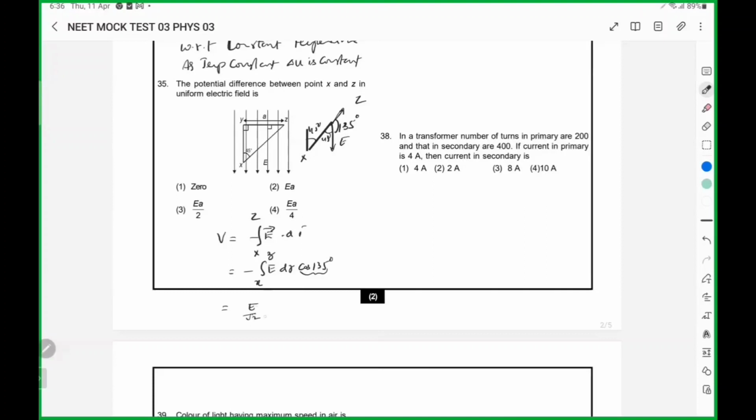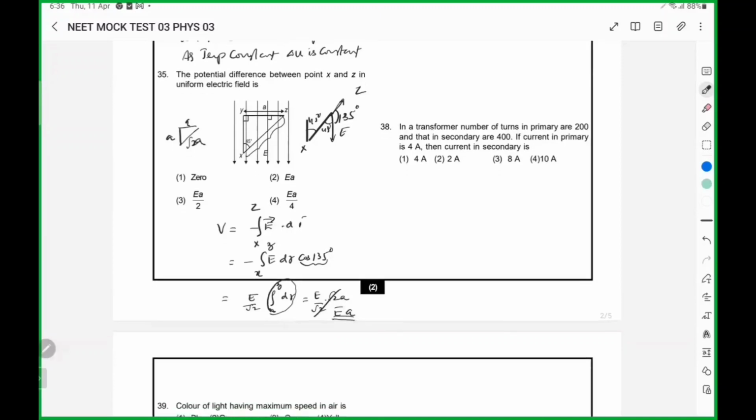As it's a uniform electric field, E is constant, and the length from X to Z: this length is A, this is A, so it will be root 2 A. So the potential difference between X and Z is EA.